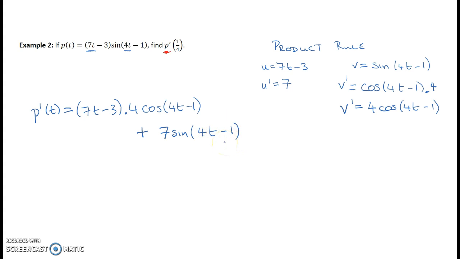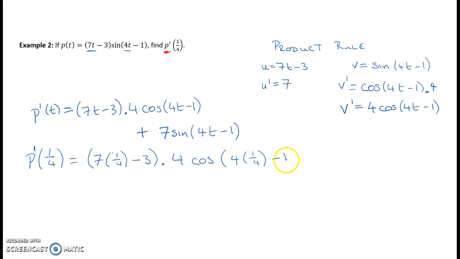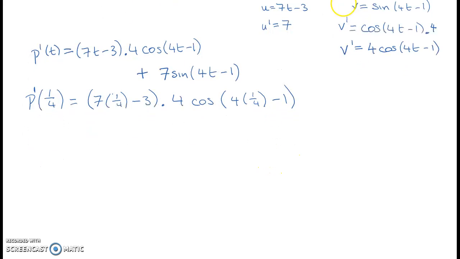Okay, this is where we plug in the 1/4 for t. So we substitute in, p prime of 1/4 is now going to be 7 times 1 over 4 minus 3, by 4 times the cosine of 4 times 1/4 minus 1, plus 7 times the sine of 4 times 1/4 minus 1.